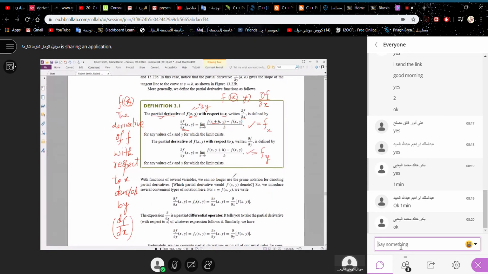So don't be confused. Don't put this symbol. When you write this symbol it means a total derivative. So don't use this symbol.